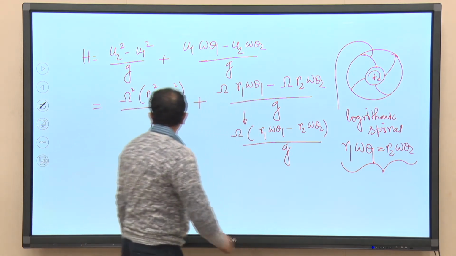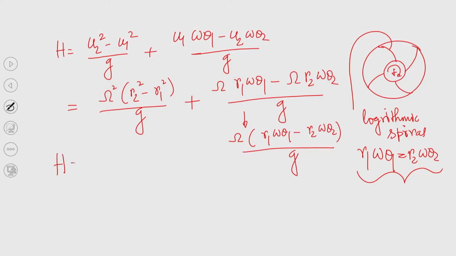If that is the case, then the head developed by the pump can be simply written as omega square into r2 square minus r1 square by g. Okay. So, here u equal to r into omega. So, the velocity u, that is r into omega.